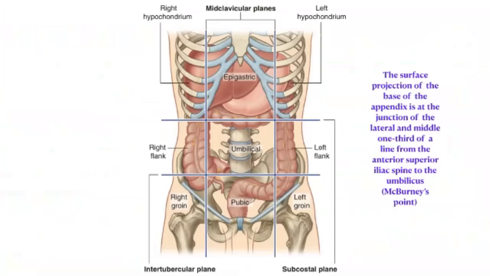Base of the appendix, see, lateral 1/3, middle 1/3, proximal 1/3. The surface projection of the base of the appendix is at the junction of the lateral and middle 1/3 of a line from the anterior superior iliac spine to the umbilicus, right?